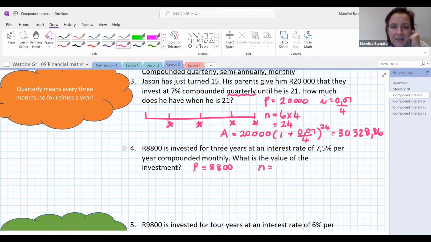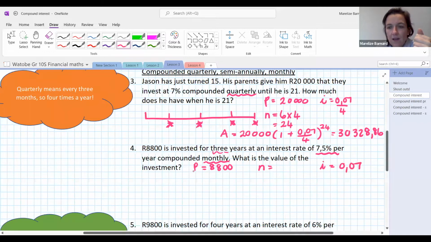And then n. Let's read this one. 8,800 Rand is invested for 3 years at an interest rate of 7.5% per year, compounded monthly. Now we're going to take that interest rate, the 7.5%, which we turn into a decimal, and it's going to be split over the 12 months of the year.